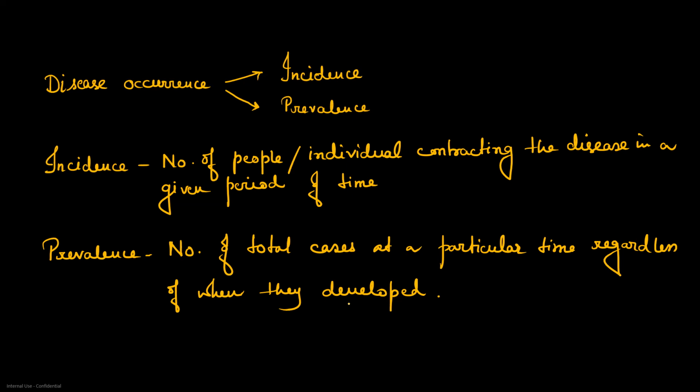Okay. As I'm writing, please note these down in your notebooks so that you get it handy at the time of revision. So next, we talk about the classification of disease on the basis of the frequency of occurrence.